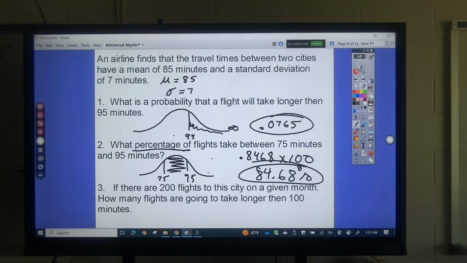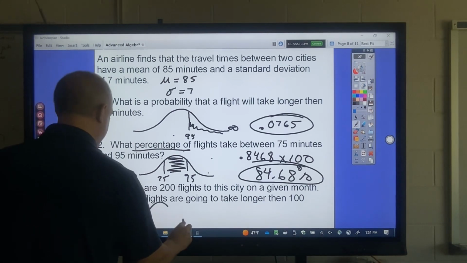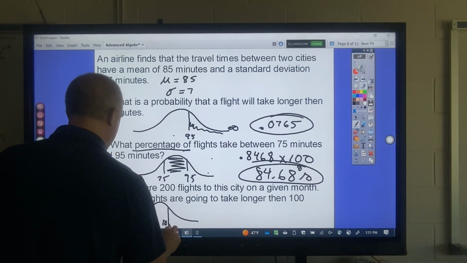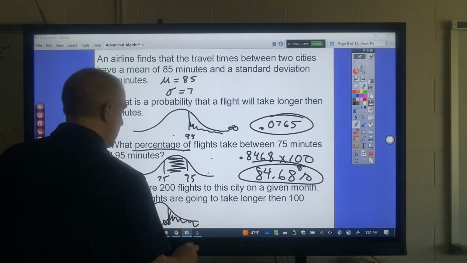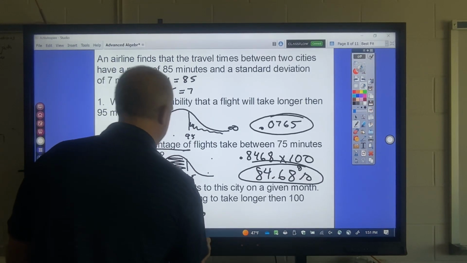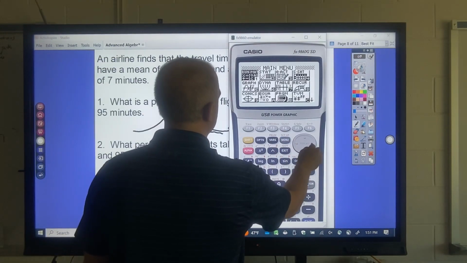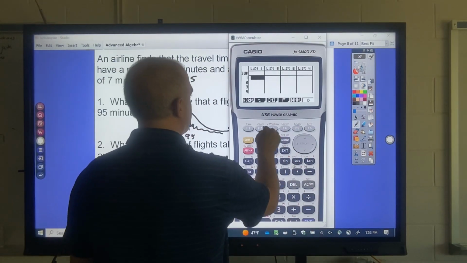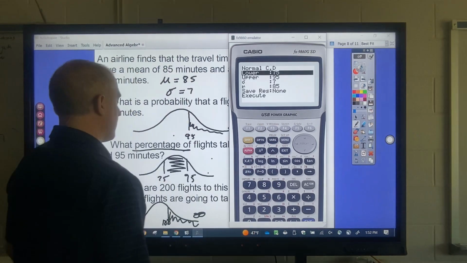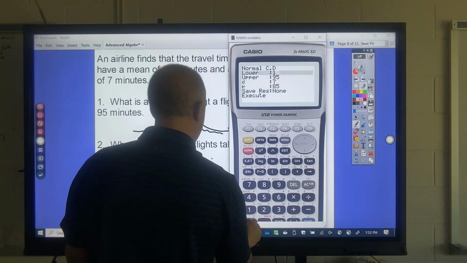All right, if there are 200 flights to the city in a given month, how many flights are going to take longer than 100 minutes? So here's 100, longer than means this way, so I would have the infinity here. So let's go back into menu, stat, dist, norm, NCD. My lower is 100.